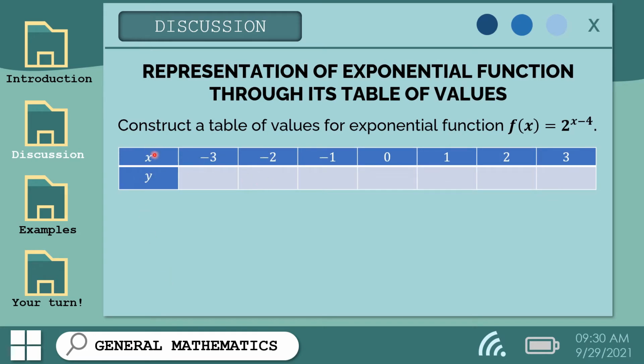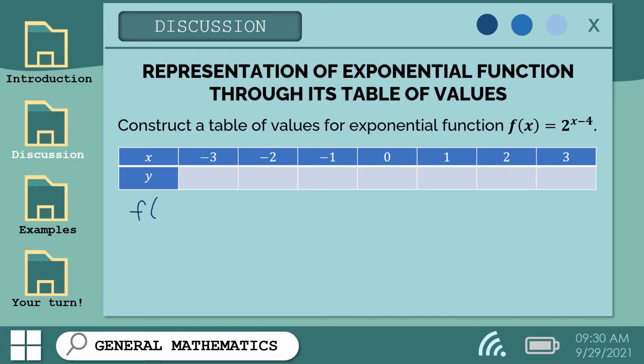So we have set of values ng ating x. We will assign from negative 3 hanggang positive 3. Then, let's solve for the corresponding y of each value ng x natin dito. Okay? Yan. So, paano po yun? I-evaluate lang po natin yung ating function when x is negative 3, negative 2, negative 1, 0, 1, 2, and 3. So, start na natin.